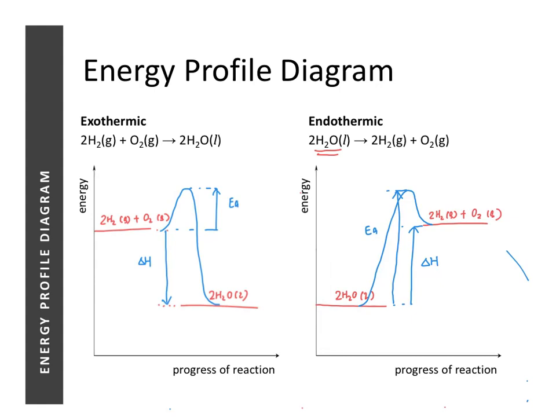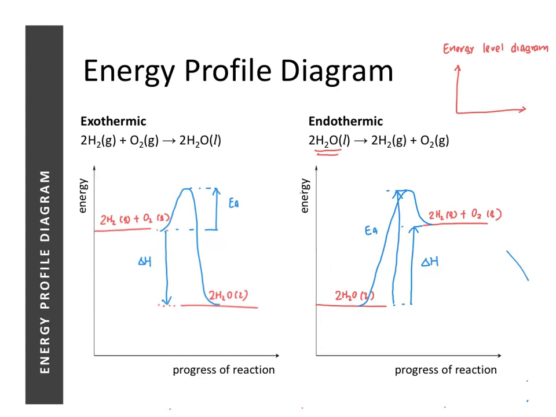The last thing is this: sometimes in O levels or even A levels, the question will ask you to draw an energy level diagram. However, in the question, they give you the axes, an x-axis, for you to draw on.